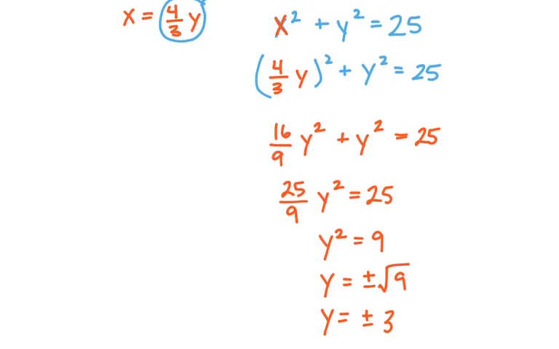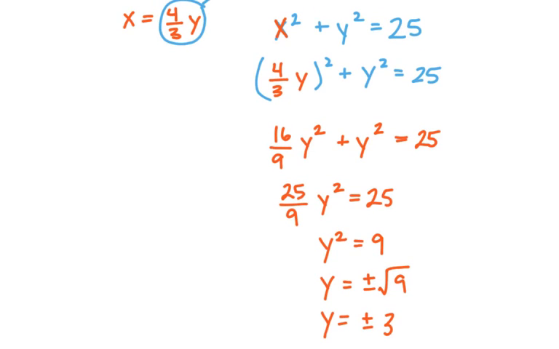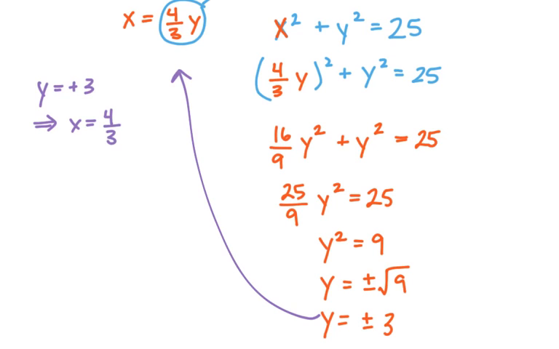So now that I know these two y values, I need my corresponding x values. Keep in mind that I know what x is in terms of y. So if I take those up here, I can say, well, when we have y equals positive 3, then x equals 4/3 times 3, or 4, gives us one ordered pair.